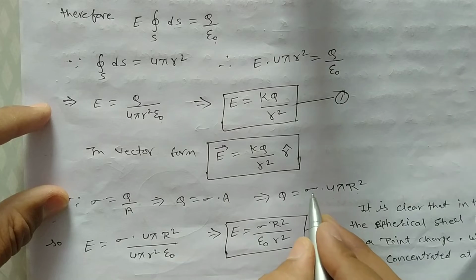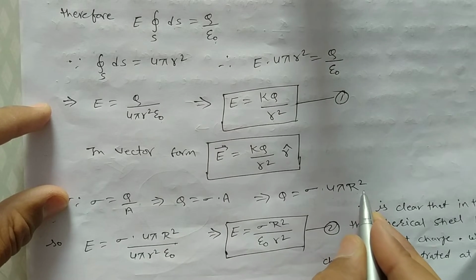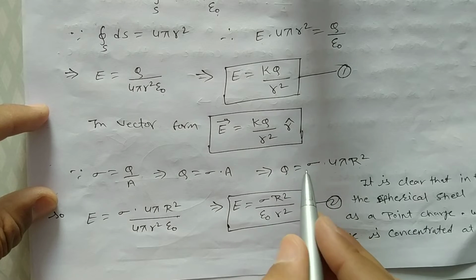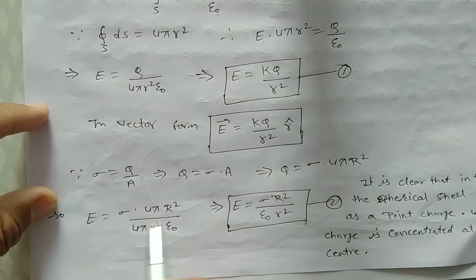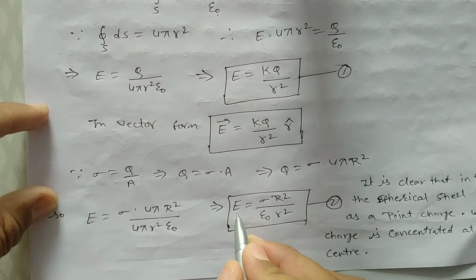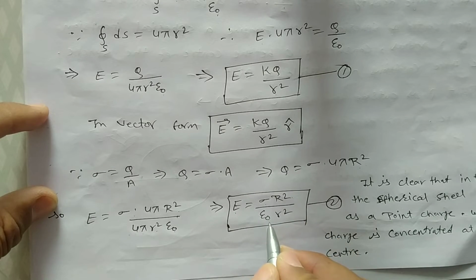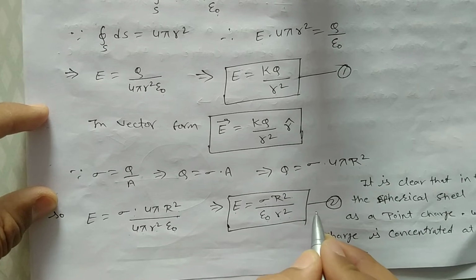So Q is equal to sigma into 4 pi capital R square. We put this value in this equation, then E is equal to sigma into 4 pi capital R square upon 4 pi small r square epsilon naught. 4 pi and 4 pi cancel out, then we get E is equal to sigma into capital R square upon epsilon naught into small r square.